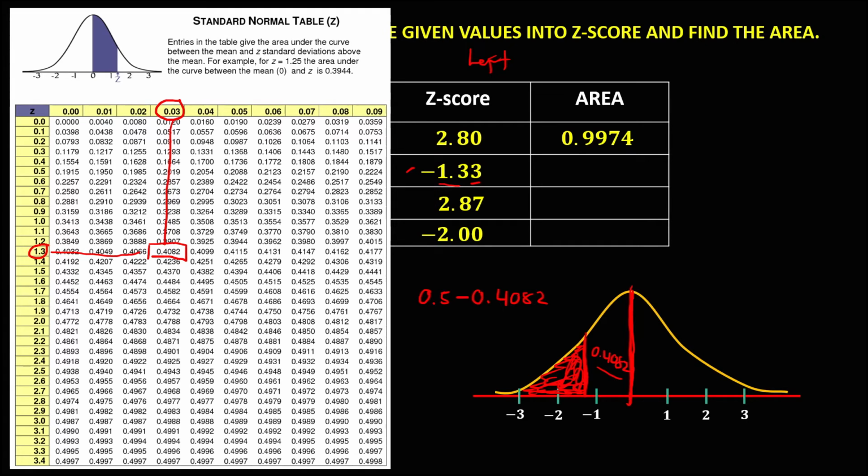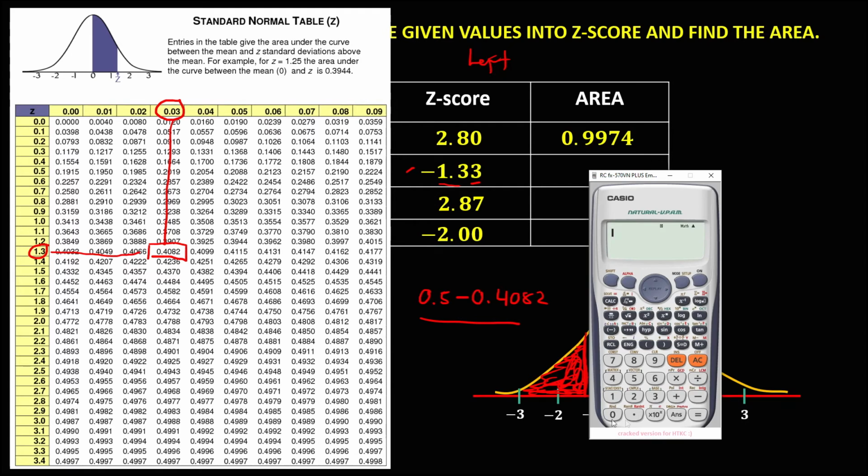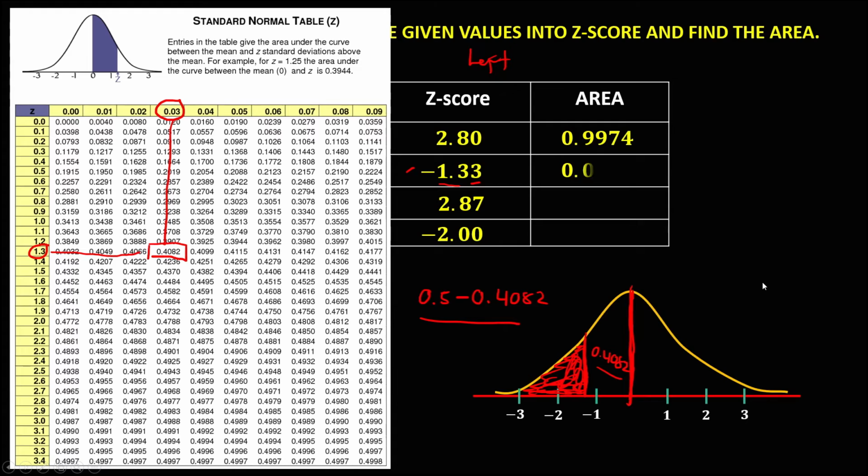But if the area is within the mean, then you need to add. So for this negative 1.33, the area is 0.5 minus 0.4082 equals, so the area is 0.0918.